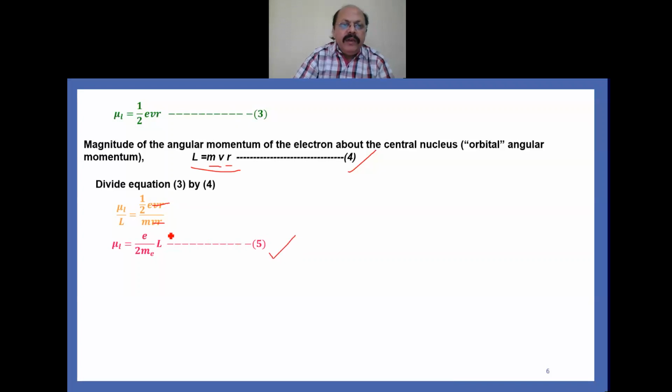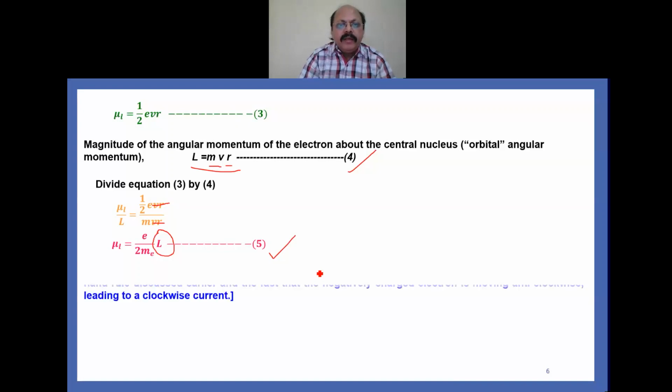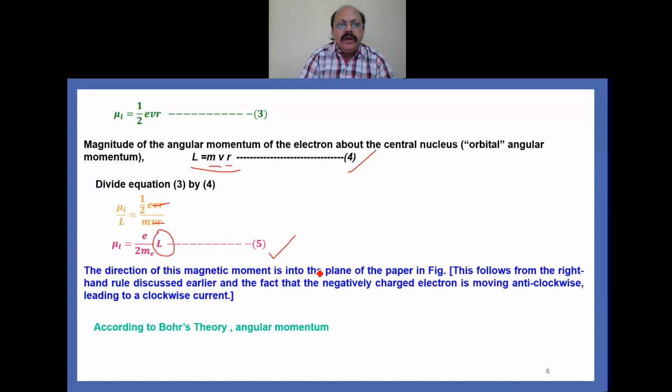Now we find out the value of this angular momentum. According to Bohr's postulate, we know that the electron revolves in certain stationary orbits in which its angular momentum is some integral multiple of h upon 2 pi. So according to Bohr's theory, L equal to nh upon 2 pi.